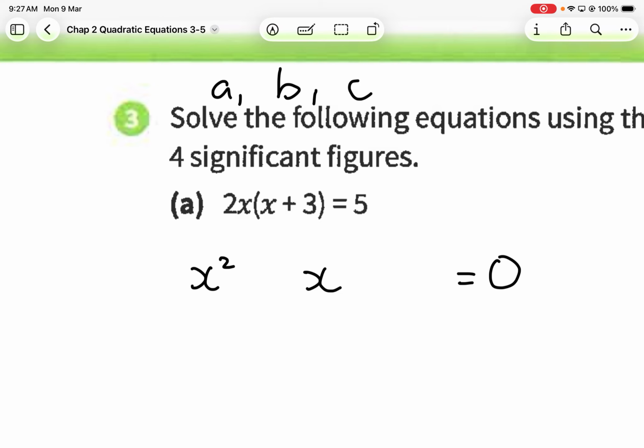We have to first be able to rearrange your terms before we can identify the ABC.